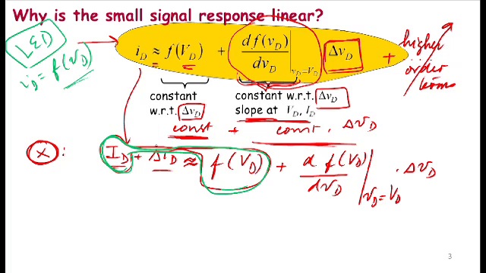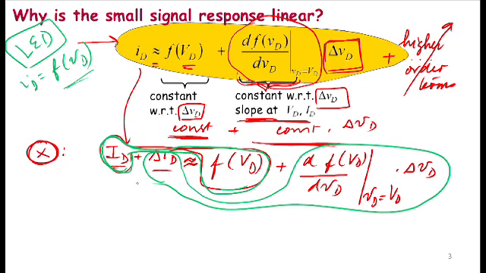So capital ID is simply the function evaluated at capital VD. No real surprises there. Then let me take the second part. Take delta ID. So delta ID is given by the second piece here. That is simply some constant, this was a constant, some constant times delta VD.